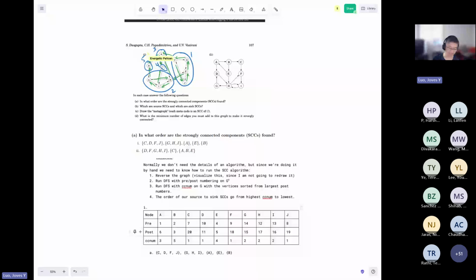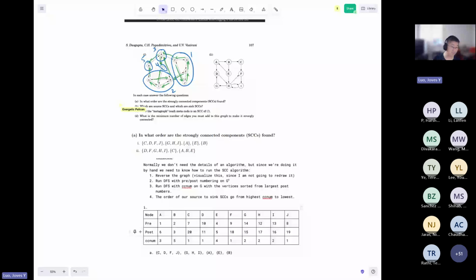So when we run it on the reverse graph, we start with A, right? And then we go to B, which is 2. And then B is done. So we get the 3 here as our post number. We go back to A then goes to E. So E gets 4. Yep.